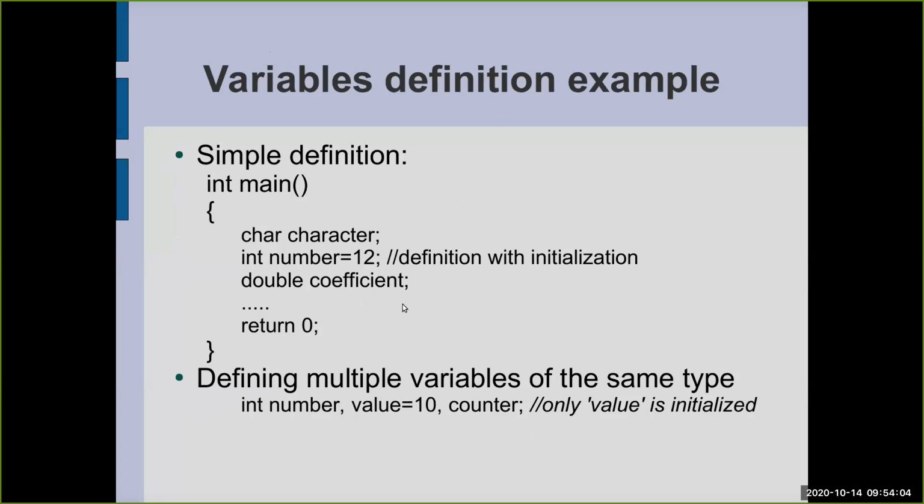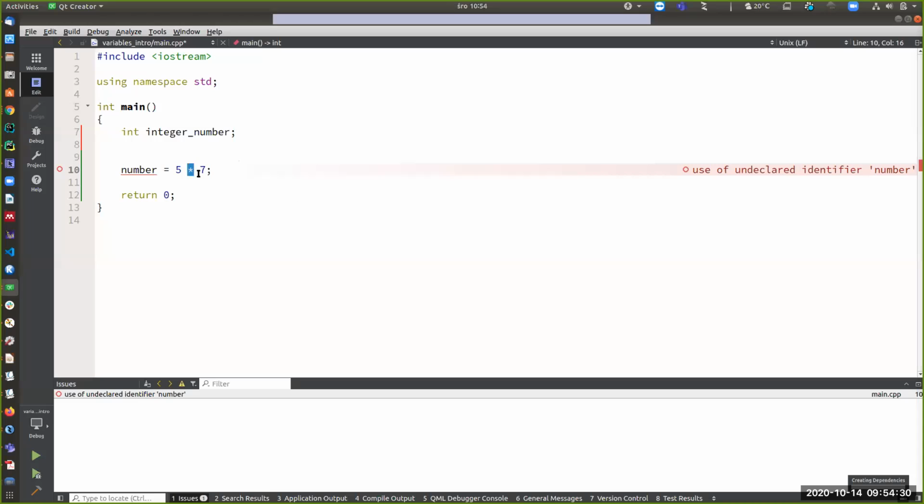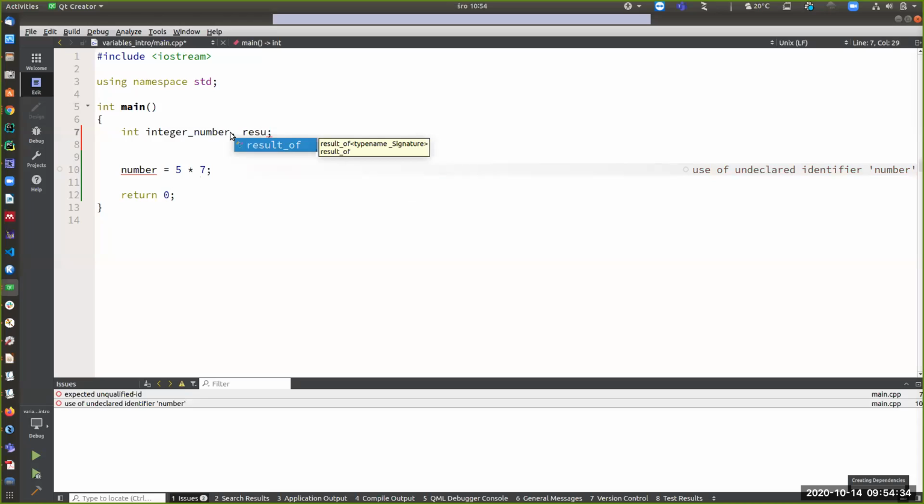Okay, so look, here you have several examples of variable definitions. So in this code, we have a char variable, we have number, we have a coefficient of double type. Remember that if we have several variables of the same type, I can define them in the same line.